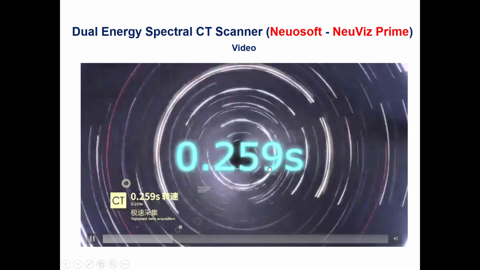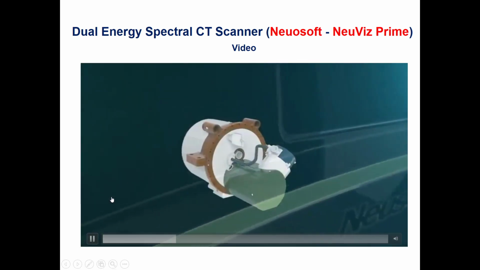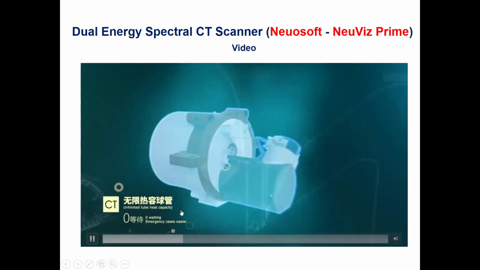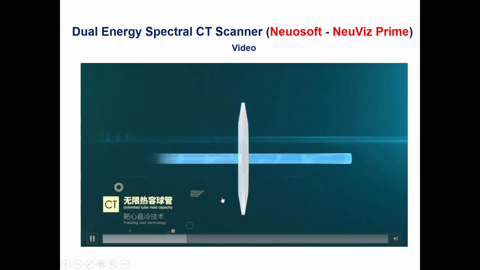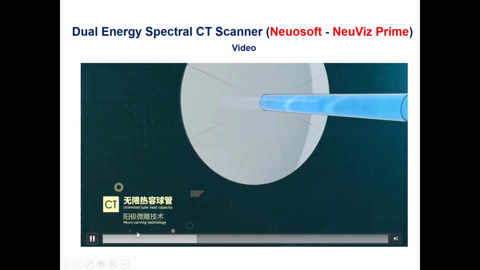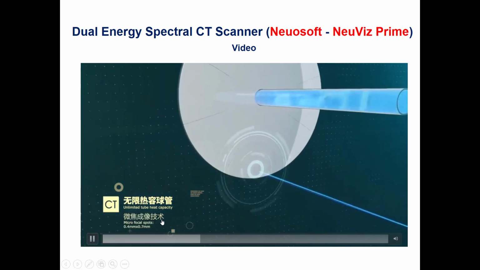The first specification is the scanning time. The second specification will be unlimited tube heat capacity, which is very important. Micro carving technology is used.